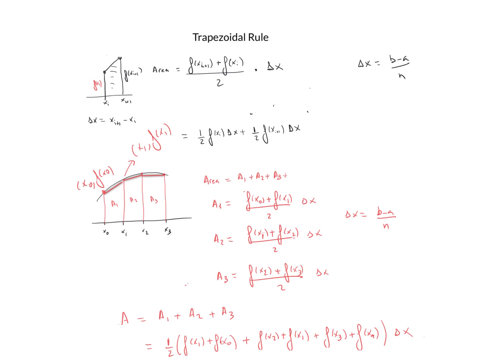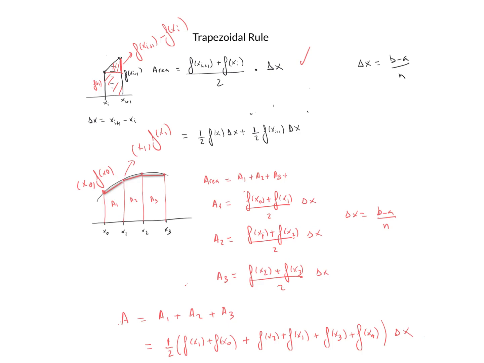Indeed, the area of the trapezoid is the area of the rectangle plus the area of the triangle, where the height of the triangle is f of x sub i plus 1 minus f of x sub i. If you add the area of the triangle and the area of the rectangle, you will find this expression. It is not difficult to find the area of a trapezoid.